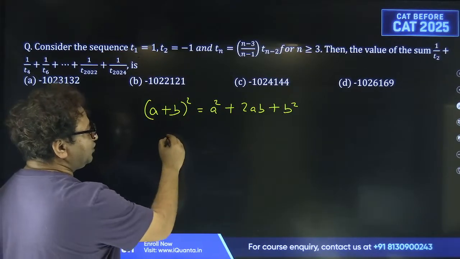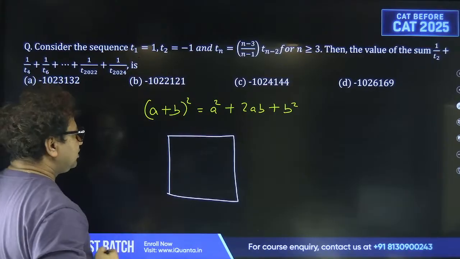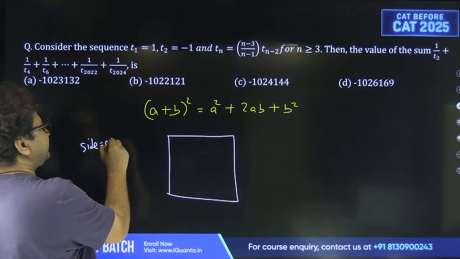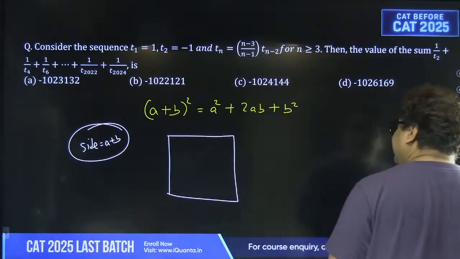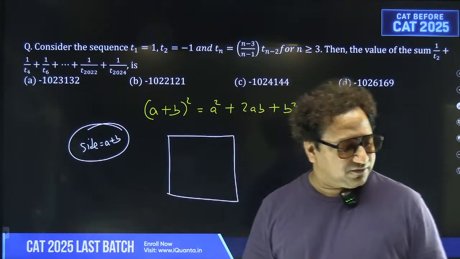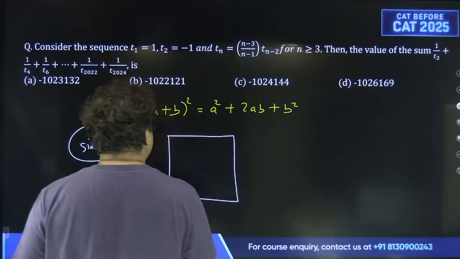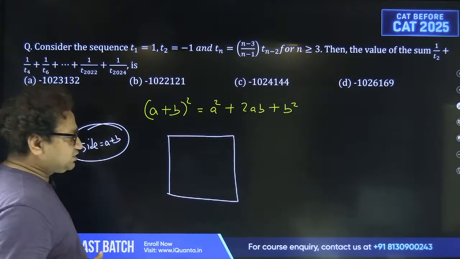So a plus b ka whole square. So let me assume a square whose side is a plus b. And if I find the area of this square, I'll get the formula as well. Yes or no? तो एक काम करते हैं, a प्लस बी अगर है तो a कुछ नंबर होगा, b भी कुछ नंबर होगा.